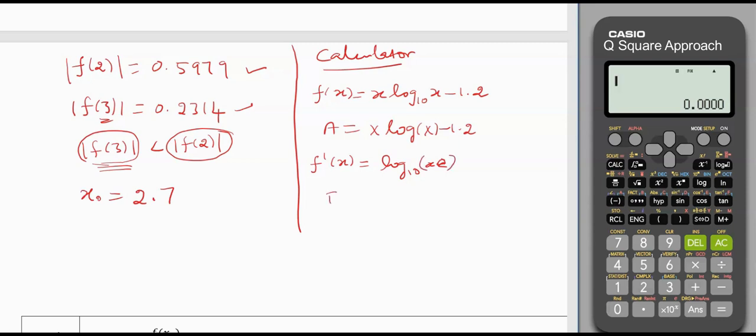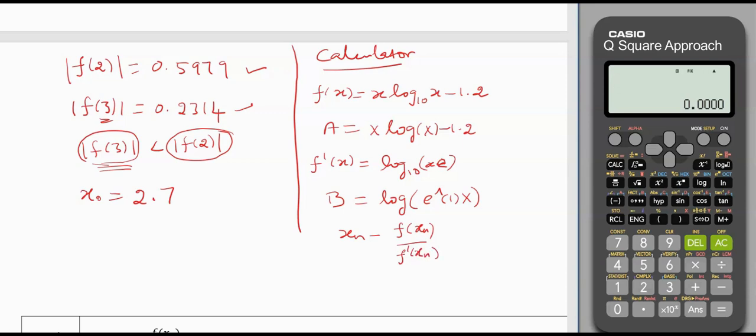We'll write it as, type in the calculator as B is equal to log e to the power 1 into x, and Newton-Raphson formula x_n minus f of x_n divided by f dash of x_n.